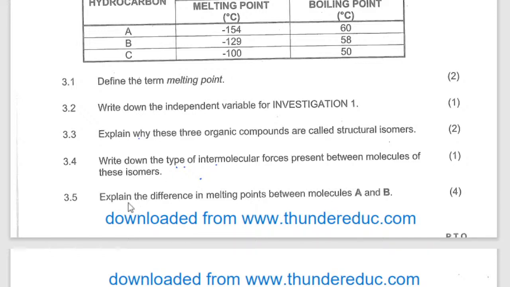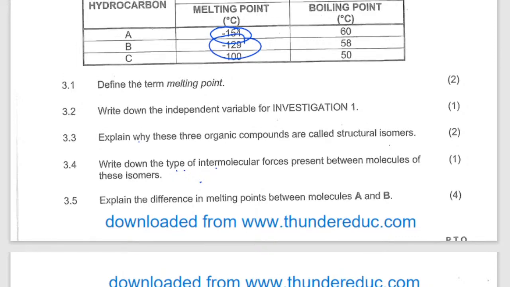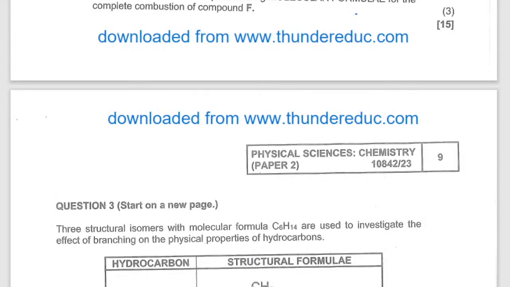If you look at A, the melting point is negative 154, and then B is 29. What are you going to talk about? So let's go to the molecules, A and B.